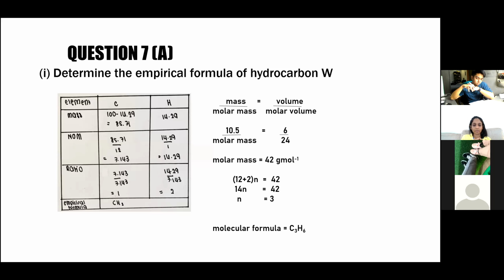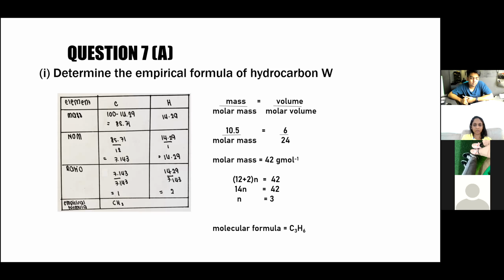So that n will help you find out how many atoms of each element you have. So CH2, the molar mass of that will be 12 plus 2 because you have 1 carbon and 2 hydrogen. So that will be 14n. So this 14n is equal to the molar mass that you found just now, which is 42. So 14n is equal to 42, and therefore your n is equal to 3. So now when you substitute the n in (CH2)n, you find out that your molecular formula is C3H6.